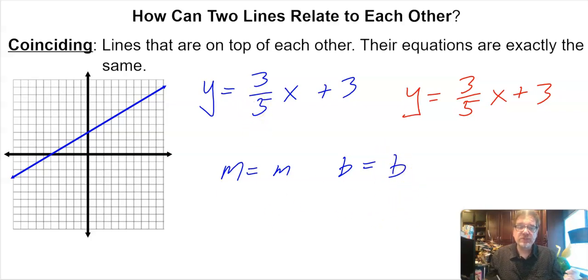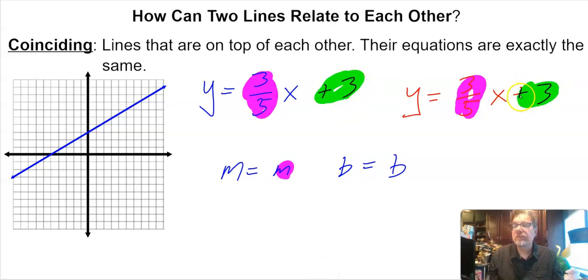Those are my m's right there, and those are the b's. The slopes are the same and the y-intercepts are the same.